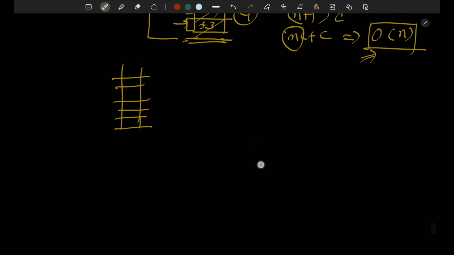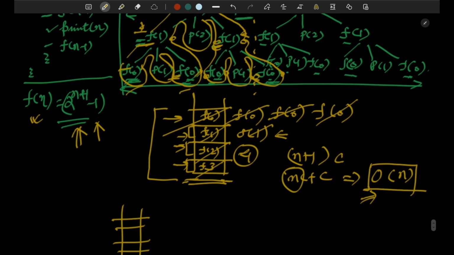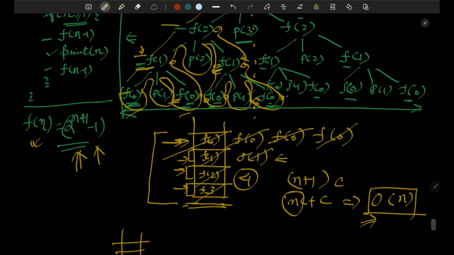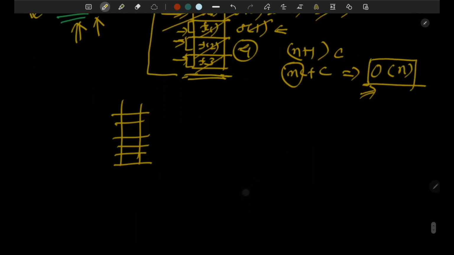So for example, as we saw here, everything that is f of 0 is going to be placed in this particular cell itself. It's not going to happen that f of 0 could be here and then here and then here in other cells as well. Rather, it's going to be reusing the same space, and that is the reason the effective space complexity is going to be the depth of stack.